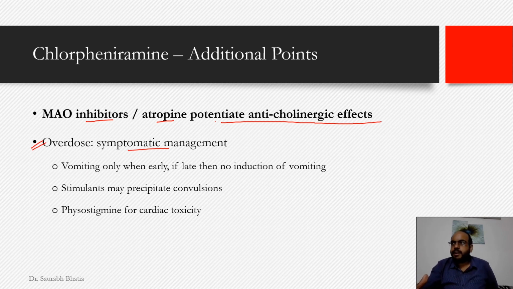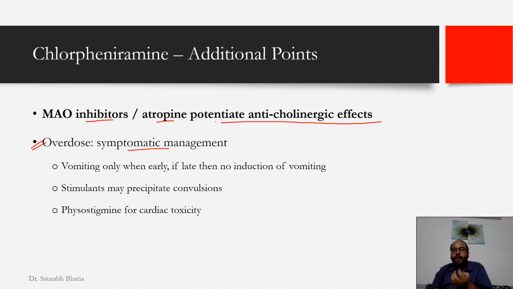If it happens early, let's say I've taken chlorpheniramine and the overdose has just started, then you can induce vomiting so that I may vomit out all the chlorpheniramine. But if there has been some time between the chlorpheniramine intake and the presentation at the hospital, it's better that vomiting should not be induced. Why? Because the patient is sedated.